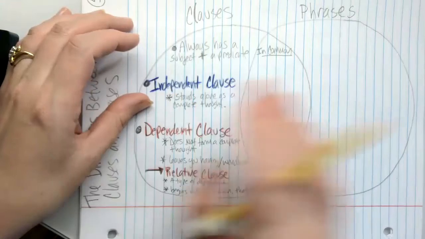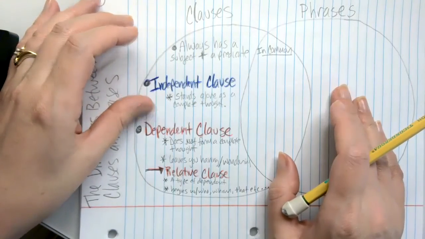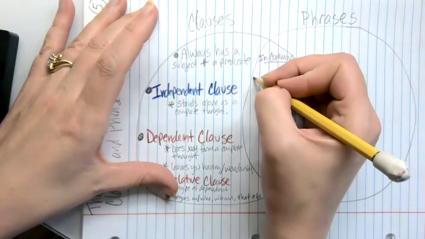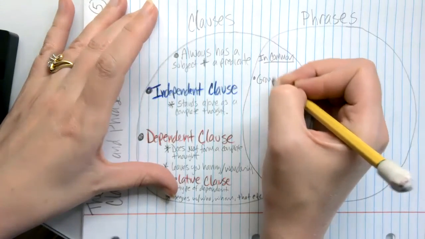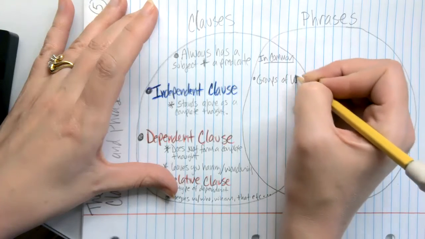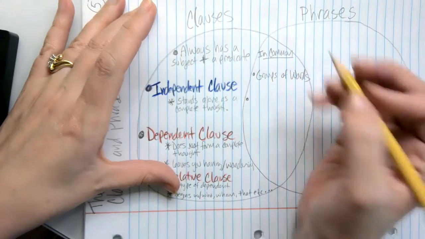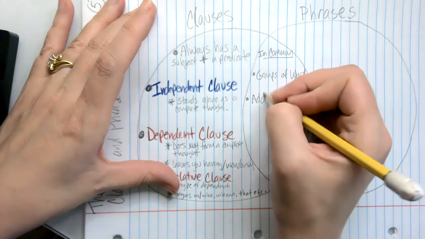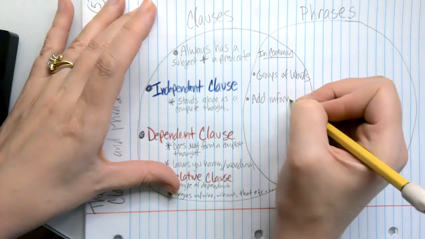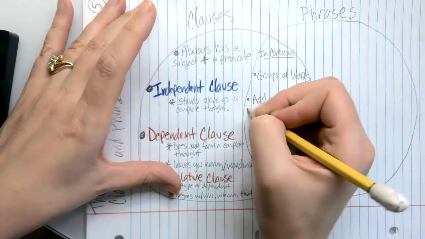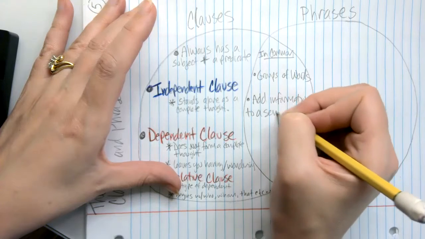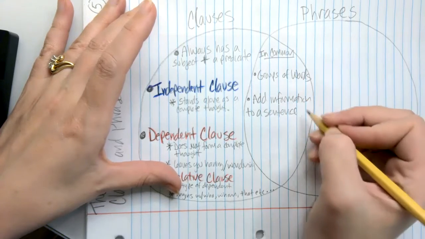So what do clauses and phrases have in common? Well, they're both groups of words. Okay. They both add information to a sentence. That's it. Well, guess what?